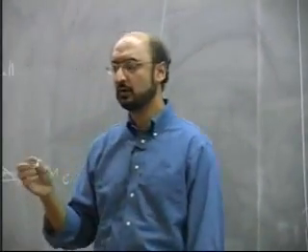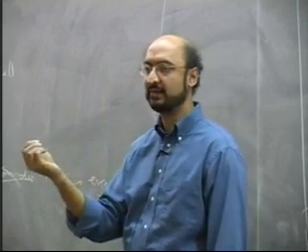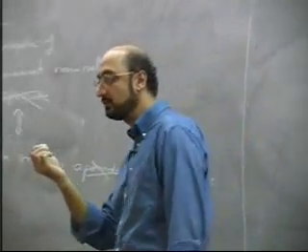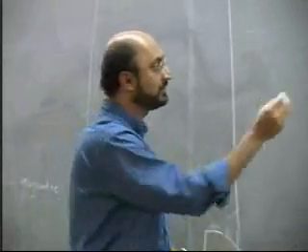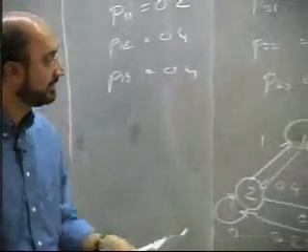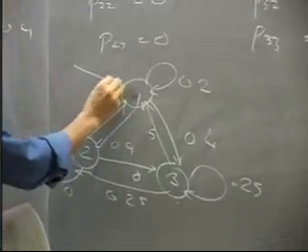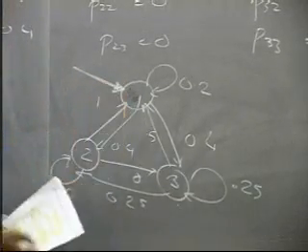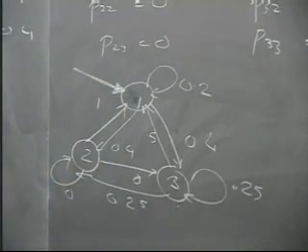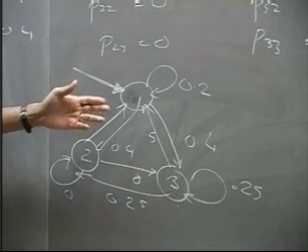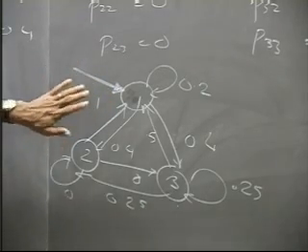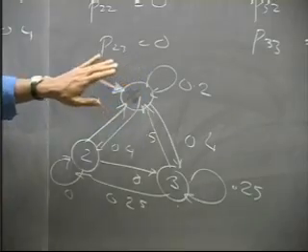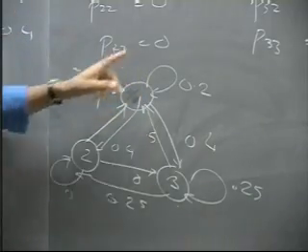I'm going to ask you, what is the probability of being in state 10? Let's think about that for a second. Actually, I can just do this chain over here. If you start in this state over here and I ask you what is the probability of being in state 1 at time step 1. At time 0, you're here. At time step 1, what's the probability of being in state 1? Well, it's 0.2.